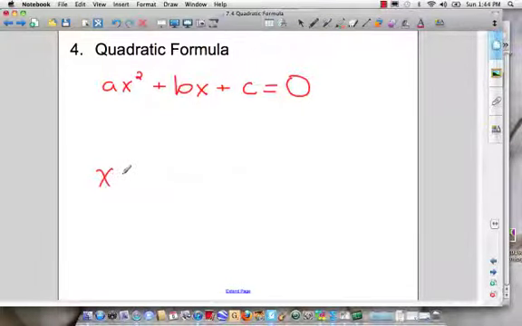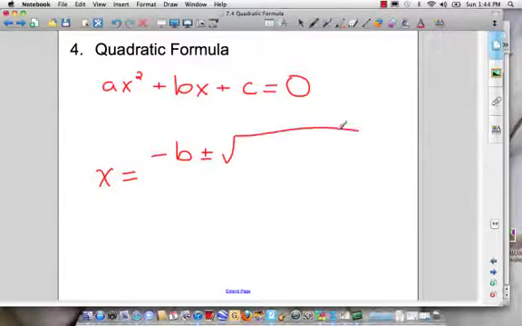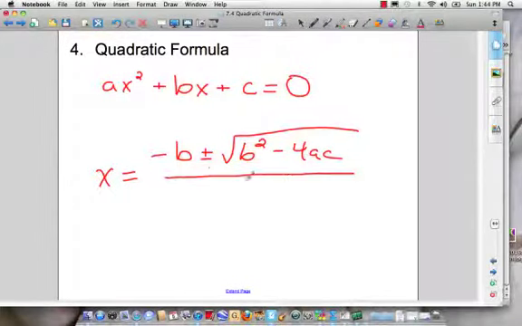You've seen it before. When we're all done with the derivation, it's going to look like this. x is negative b plus or minus the square root of b squared minus 4ac all over 2a. In Algebra 1 it was introduced, but you probably didn't know where it came from. In Algebra 2 you're going to learn where it comes from, and then you'll get a lot of practice using it.